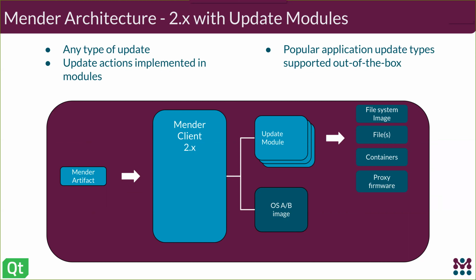Essentially, the user can implement their own update module, extending the Mender client to their specific needs. And this can be used, for example, to do file updates or application updates. So if you only want to deploy the binaries of your application instead of doing the full image update, that's a possibility by utilizing the update modules.